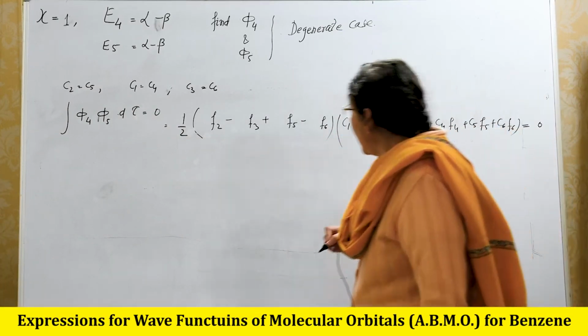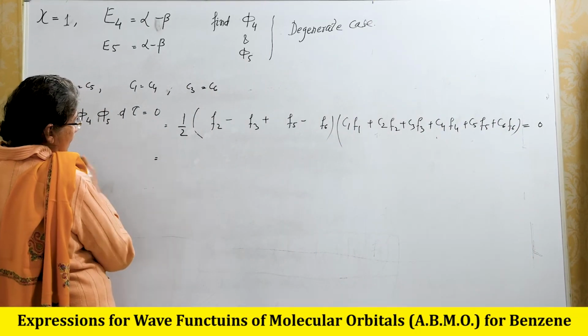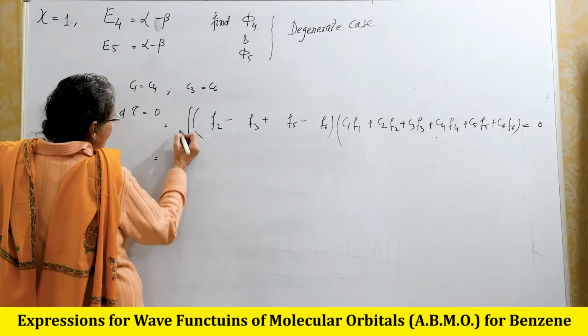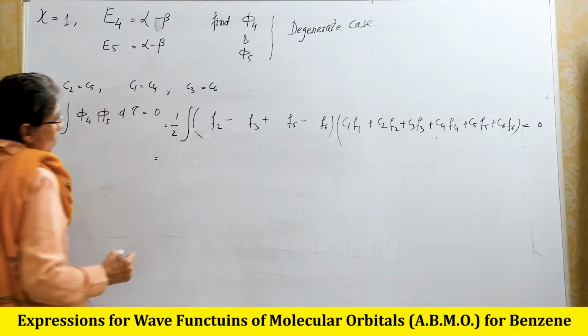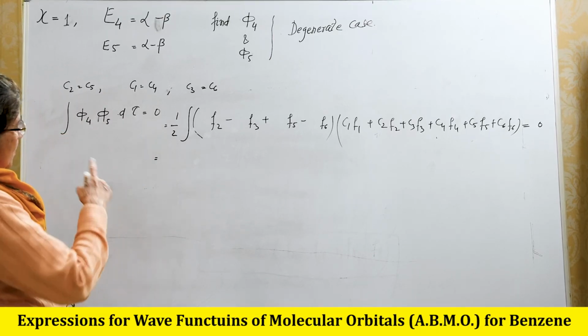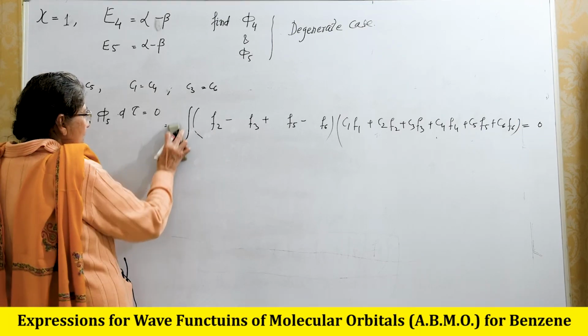If we multiply this equation by 1 by 2 on both sides, it cancels.